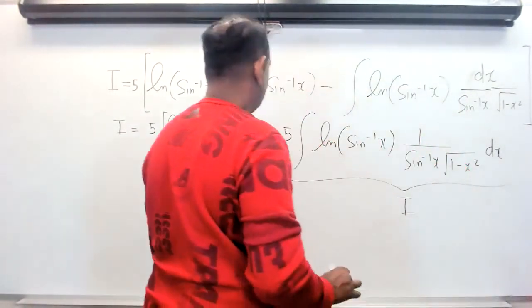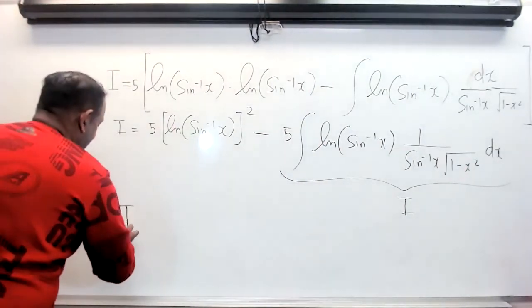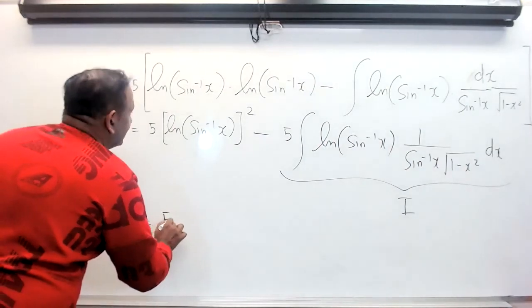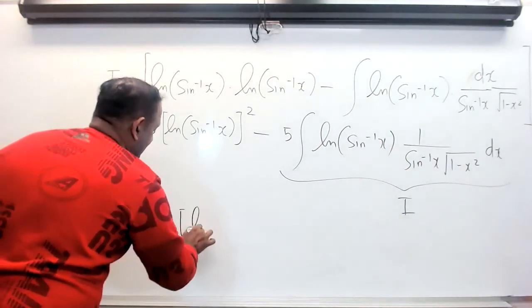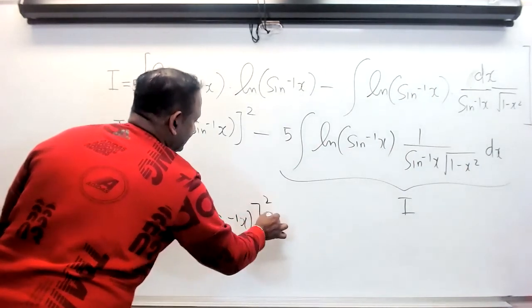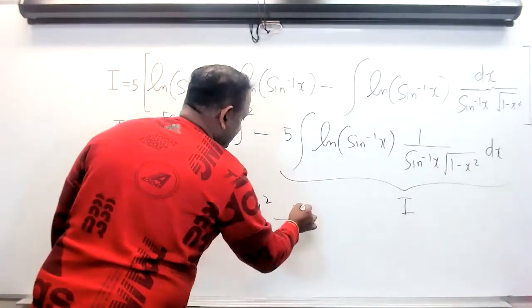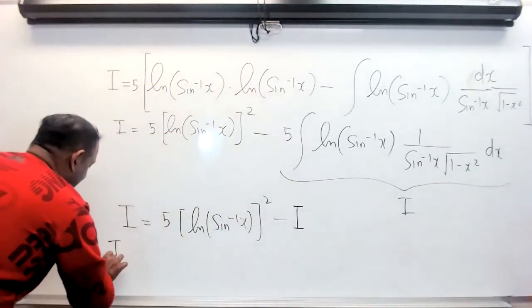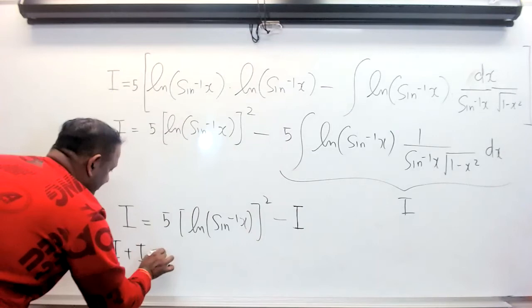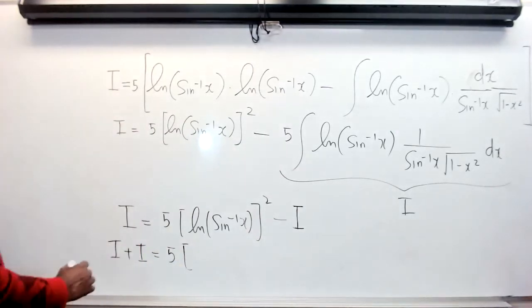See, I again, you can remember, that's what we assumed as I. So that means I equals ln sine inverse x, the whole thing squared, minus I. Then this I you can bring to this side, I plus I. I'm not going to integrate anything anymore.